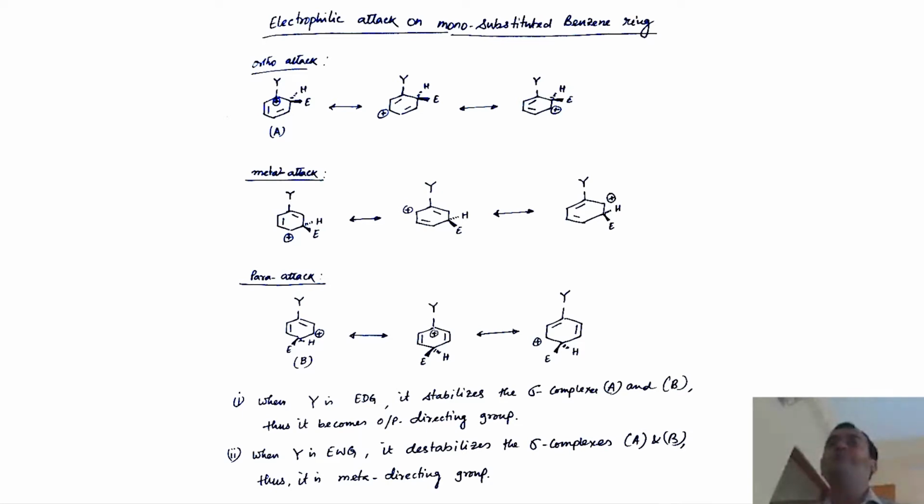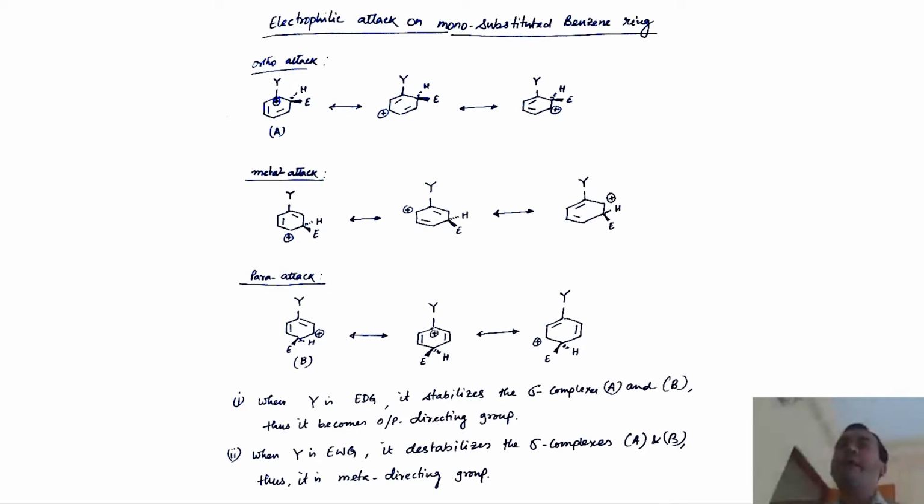Then you have the positive charge adjacent to it, and after resonance, you get positive charge here and here. So you can observe that in this case, the positive charge does not come to the carbon directly connected to the substituent. That means if it is a donating group, it cannot directly stabilize this positive charge.